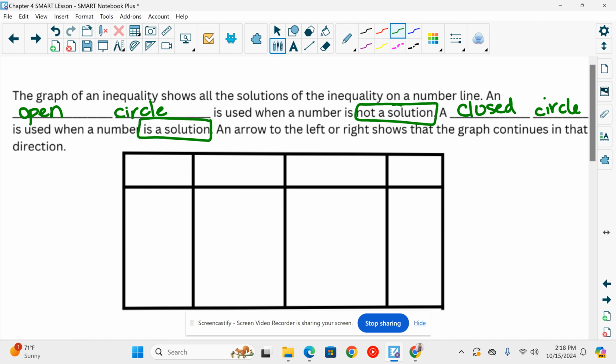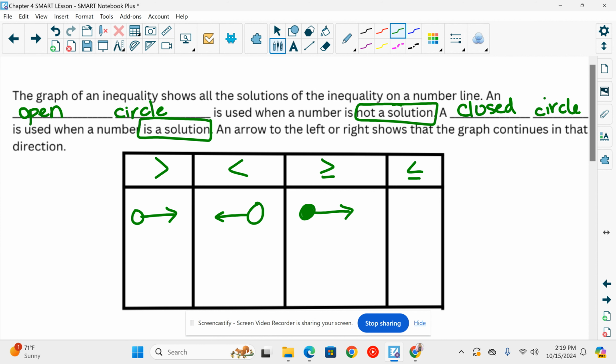So if I have the greater than symbol, it's going to be open and pointed to the right. If it's the less than symbol, it's going to be open and pointed to the left. If it's greater than or equal to, it's going to be closed and pointed to the right.